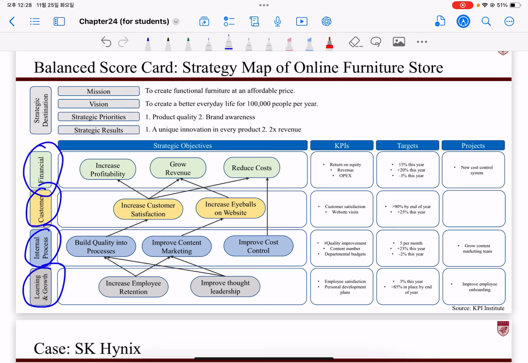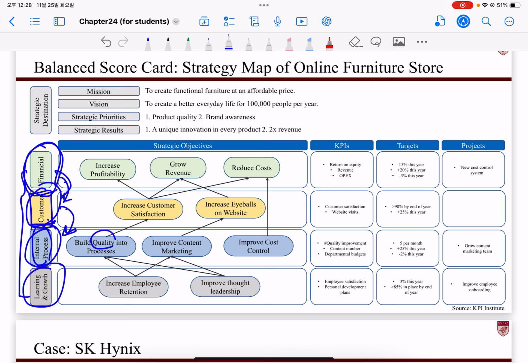So there is actually a sequence here. In order to have good financials, you have to have a good customer rating, and customers have to like your products or services, right? But in order for the customer to like your products and services, you have to have internally good process, right?